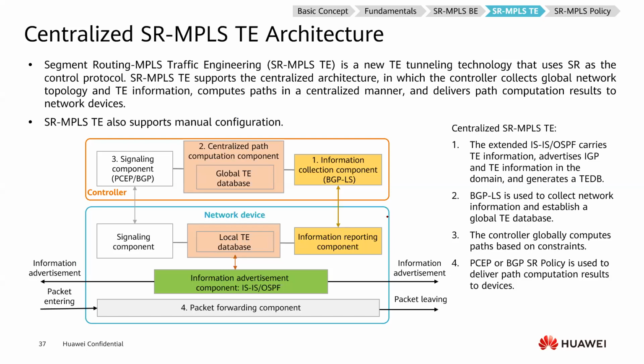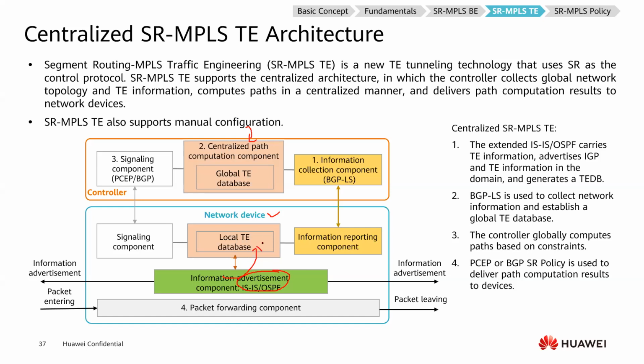And in SR, they put the calculation part in the controller. Collecting the topology, the bandwidth usage, those kinds of information is still based on the network device, still using IS-IS and OSPF. They put it into the local TE database.